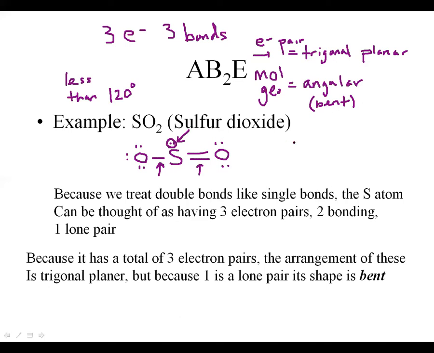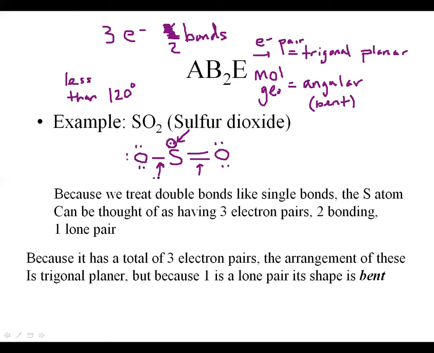I'm sorry, that doesn't have 3 bonds, my bad count. It actually only has 2 bonds. Let me do that again. In terms of bonds, it has 1 and 2. So this has only 2 bonds, but 3 electron pairs. I apologize, that was wrong. One more time: 1 electron pair, 2 electron pairs, 3 electron pairs.